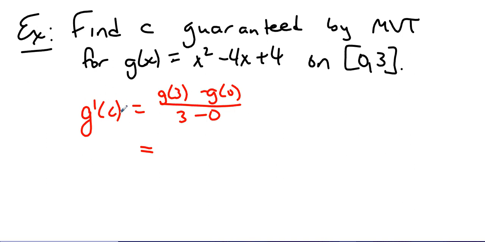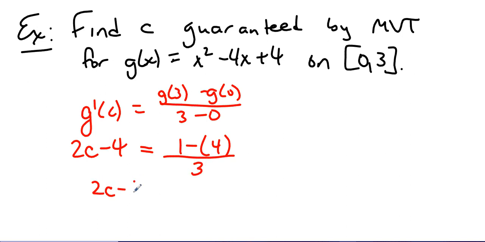What's the derivative of g? The derivative of g is 2x minus 4. We evaluate at c. Then g of 3 minus g of 0. Well, g of 3, that's 9, minus 12 is negative 3, plus 4, that's 1, minus g of 0. g of 0 is 4, over 3 minus 0.